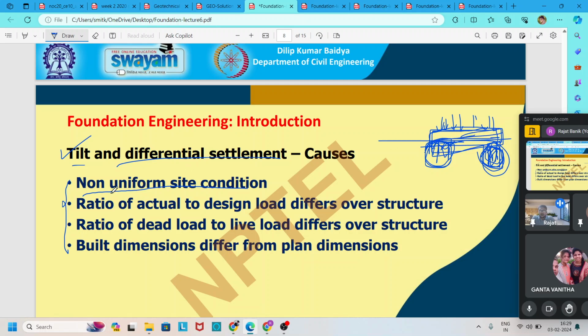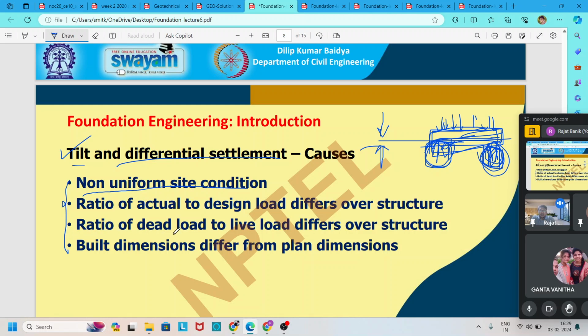So this is one cause. Also, the ratio of actual to design load differs over the structure. That means if the load coming from the structure is higher than the load resisted by the soil, then there may be a possibility of tilt and differential settlement.